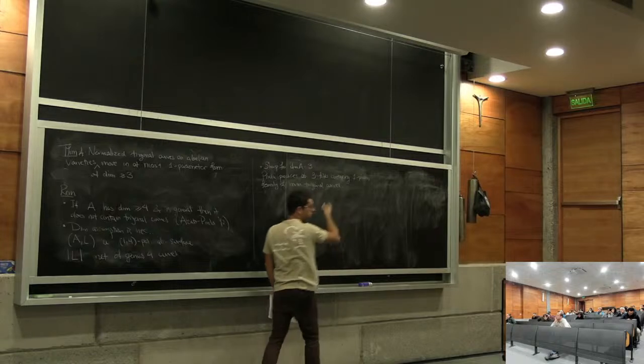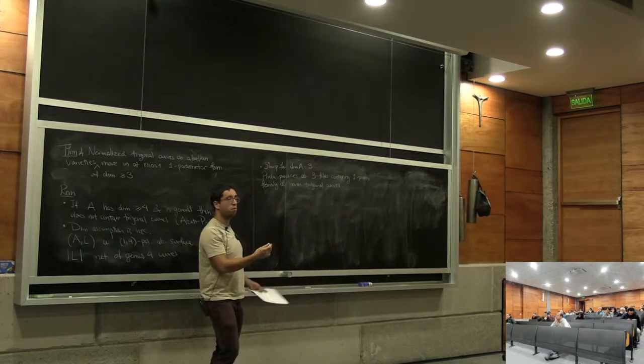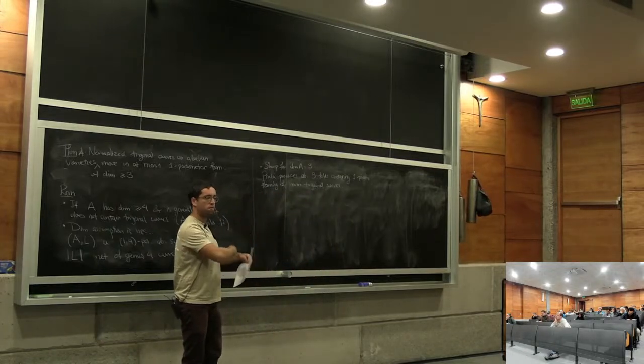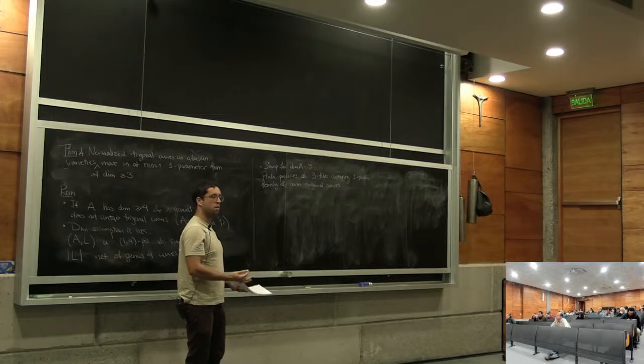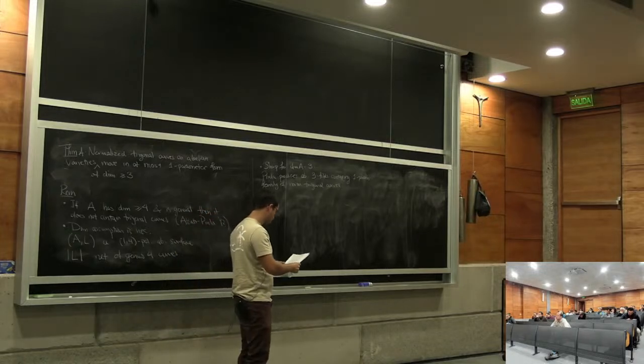Really, this is just a statement that if you can produce a non-isotrivial one-parameter family of curves, you can move them all so that they become normalized, and it gives you a one-parameter family of normalized curves.